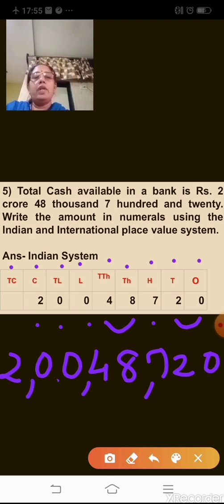Here, so 3 digits, then 2 digits, and then 2 digits. So you will read this number as 2,48,720. This is according to the Indian number system.